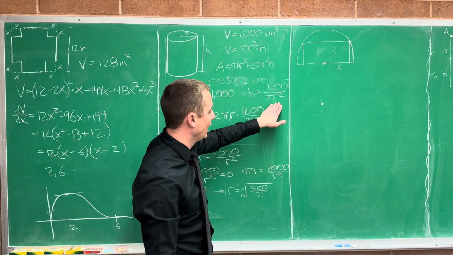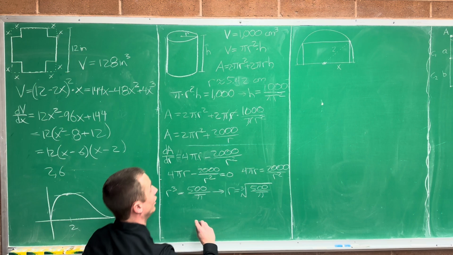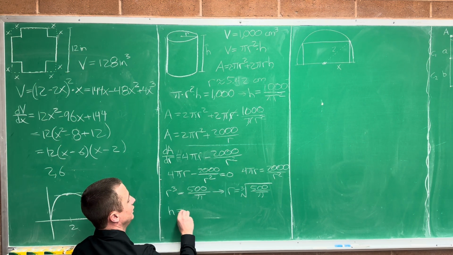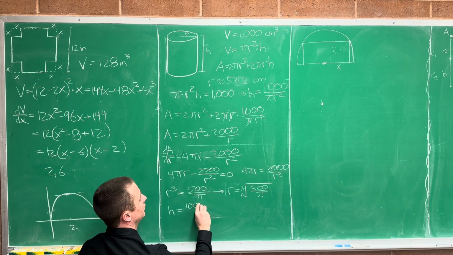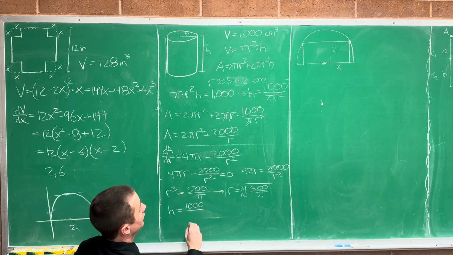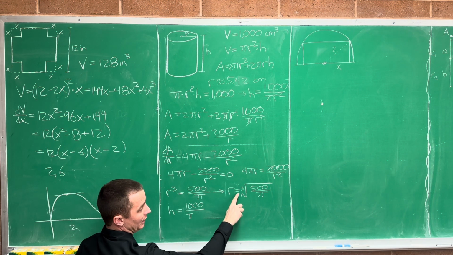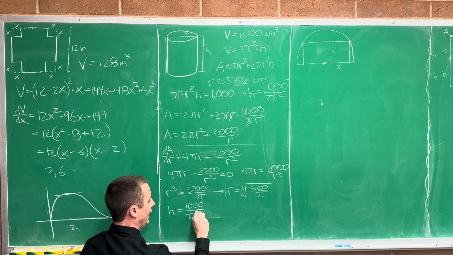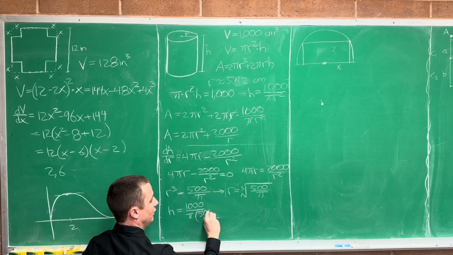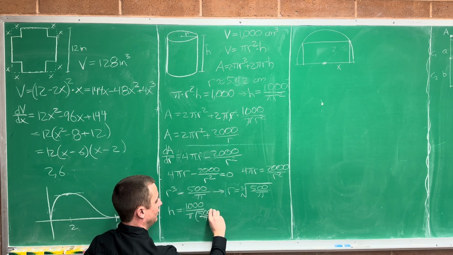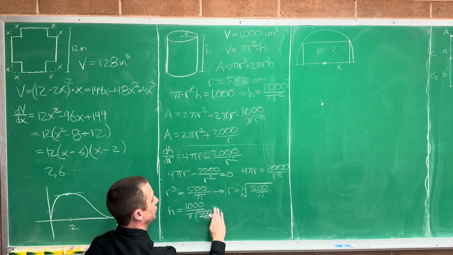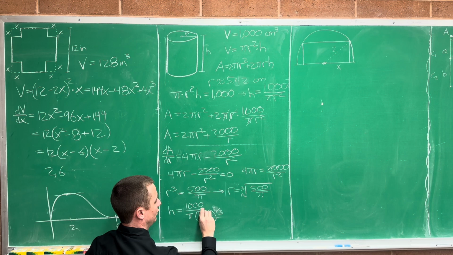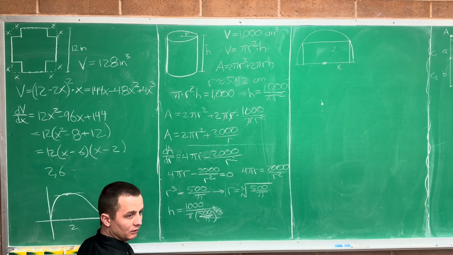Well, let's calculate our height plugging in r here. So our height is equal to 1,000 over pi times our radius squared. So pi times 500 over pi to the 1/3, but squared, so to the 2/3. You with me? Yeah.